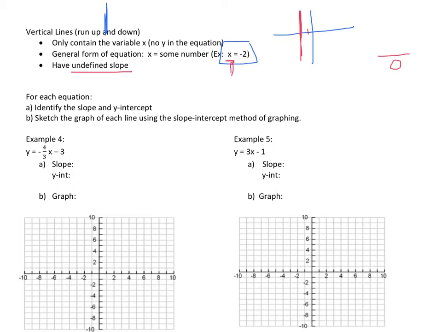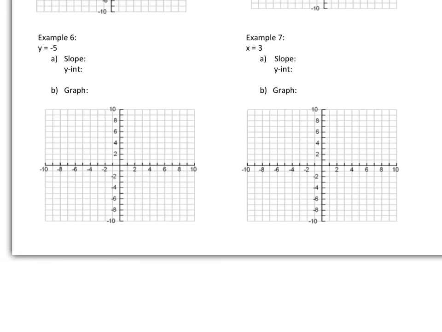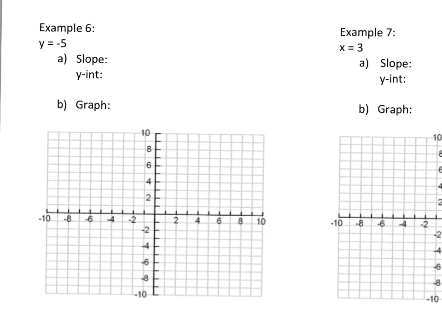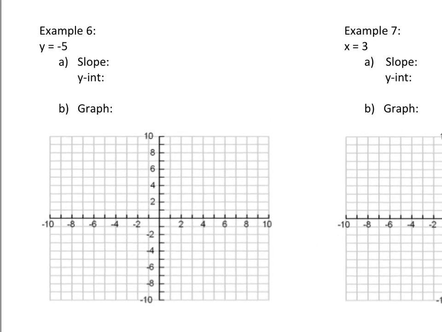Now let's take a look at a couple examples. Here we have a line y equals -5. Now we said y equals -5. It's either going to be horizontal or vertical. And this is only going to intersect the y-axis, hence the y equals.